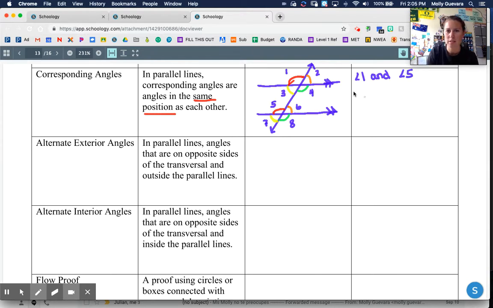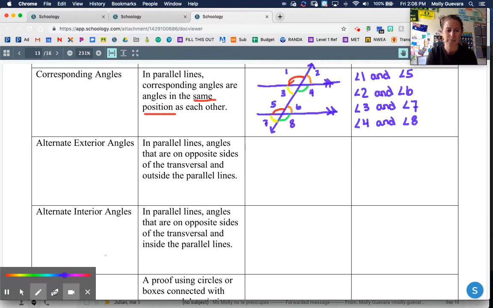Angle 2 and angle 6 are corresponding. So if you are not using colors, this is a good way to stay organized here. Angle 3 and angle 7 are corresponding, and angle 4 and angle 8 are corresponding. So these are all my corresponding angles. So hopefully we feel good about that.